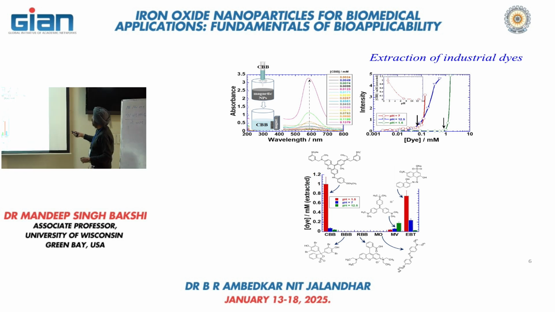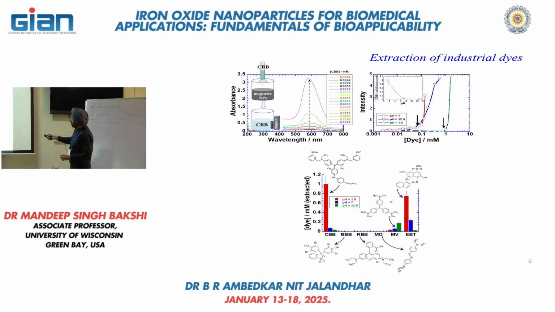What we have seen over here, you see that. In the case of the acidic pH, close to 1 millimolar of the dye is being extracted. It means that's very high in comparison to the neutral and the basic.